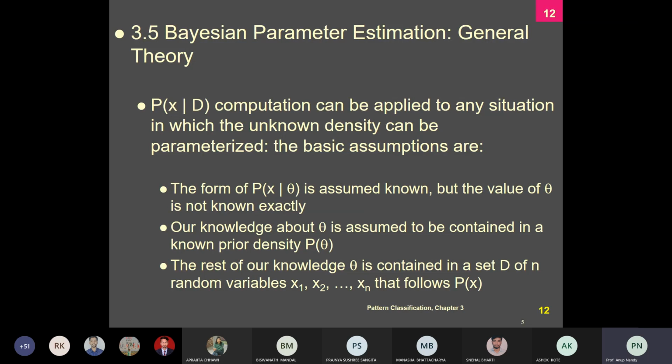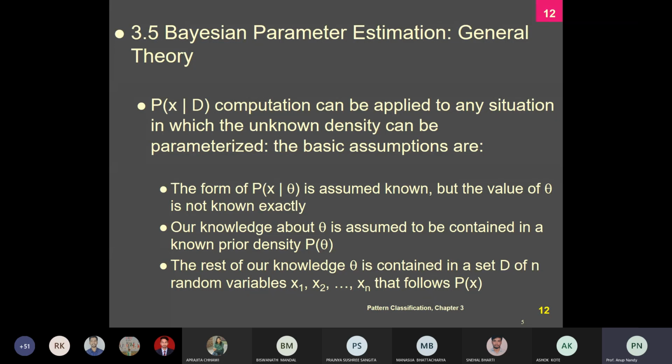If you could manage to write the functional form of your density function, another thing is that you need to find the range of values. Those are the two things people used to do. The form of p(x|theta) is assumed to be known, but the value of theta is not known exactly.